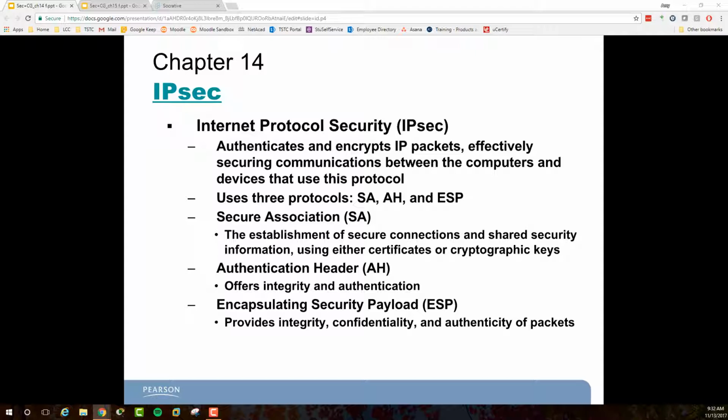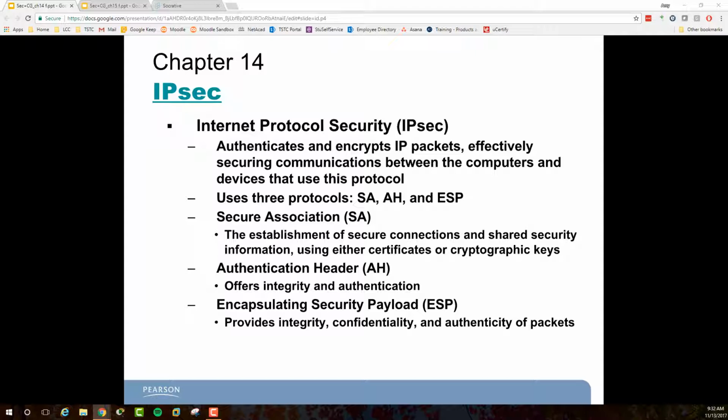There's a link on the Moodle page that you need to watch. So within IPsec, there are three protocols. There's SA, AH, and ESP. Here's what they do. So the secure association has to do with setting up the secure connection and the security information involved with that. So that uses either certificates or can use cryptographic keys, but it sets up the session.